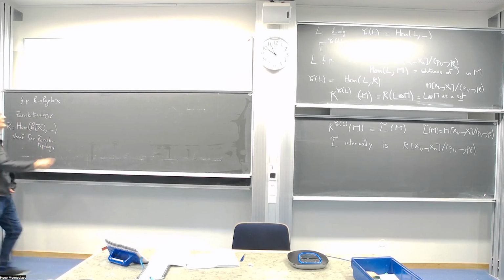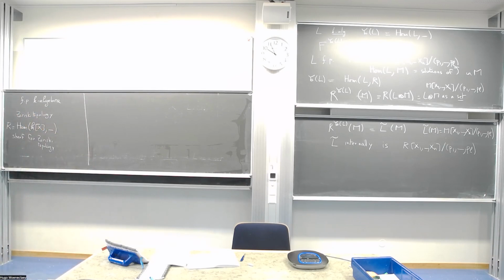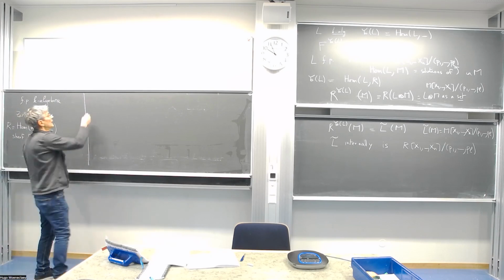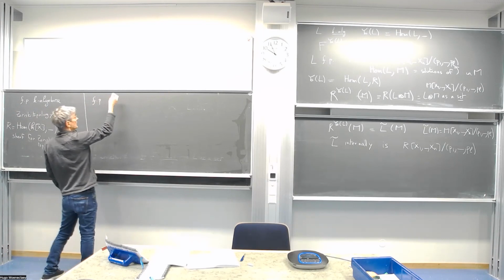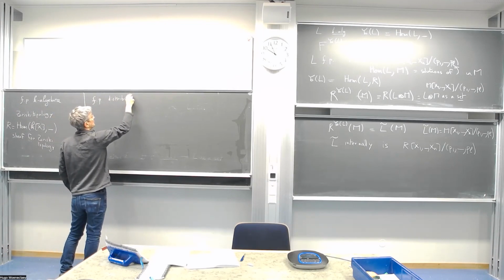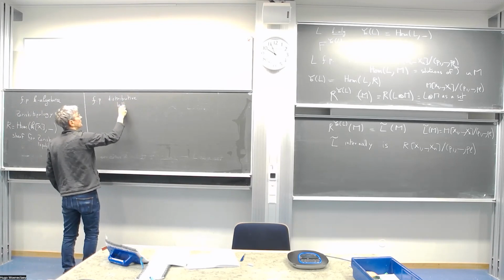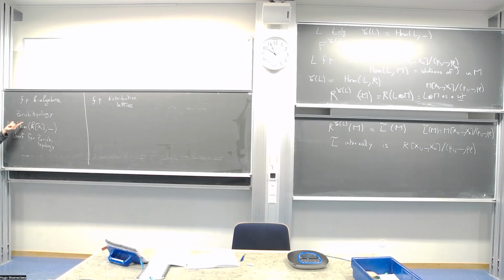Another example, which I learned from Ulrich, is that you can look at finitely presented distributive lattices. There you also have something corresponding to the Zariski topology.